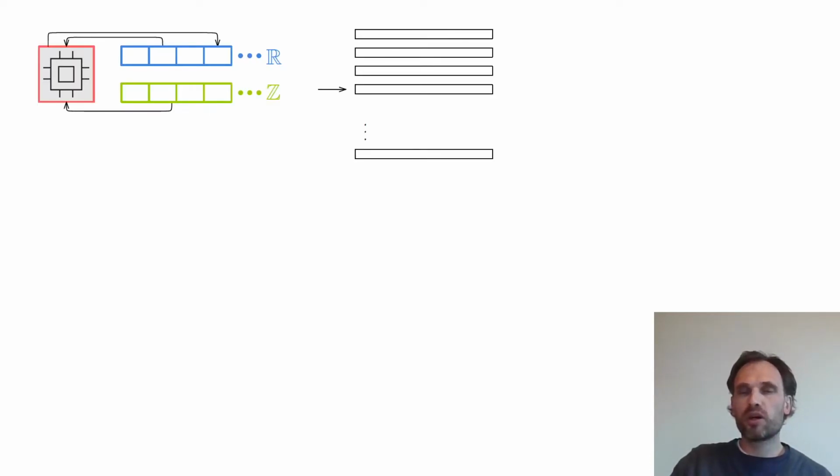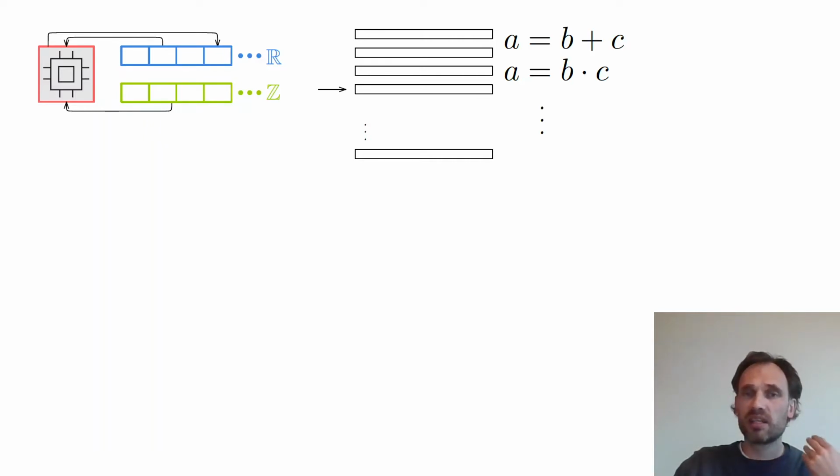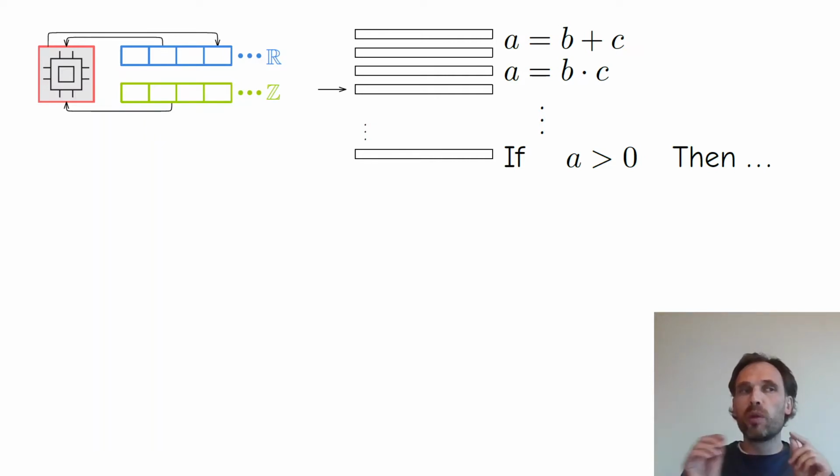Okay, so now the question is, why does it work? But more importantly, what does it even mean that it works? So for that, I want to have a closer look at the real RAM model again. Namely, I want to look at the types of instruction that we have. And what is important is there's only one type of instruction where we branch.